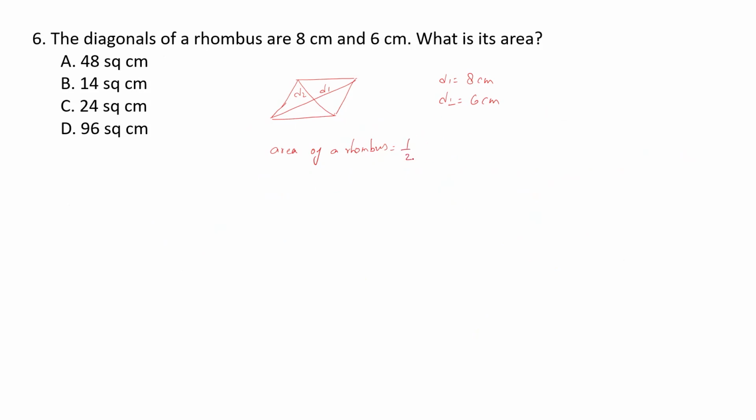It is 1 by 2 into D1 into D2. So 1 by 2 into 8 into 6. 2 into 4 is 8, so it gets cancelled, giving 4. So 4 into 6 is equal to 24. So option C is correct.